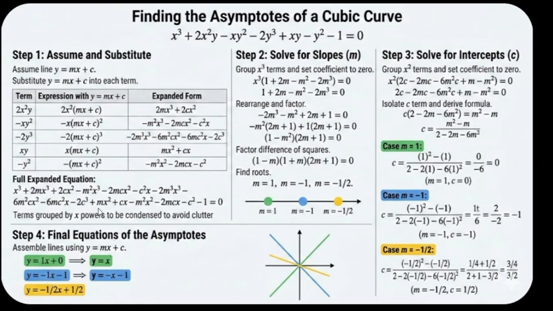But if you directly substitute in this equation, does it satisfy the equation? No. Suppose you put y is equal to x here: x cube plus 2x cube, and this 2x cube cancels, and this becomes x cube.